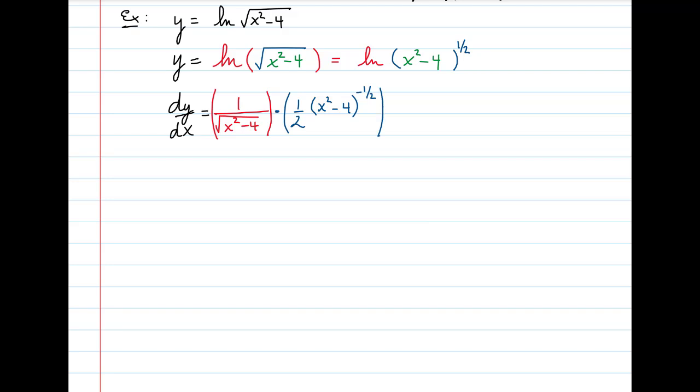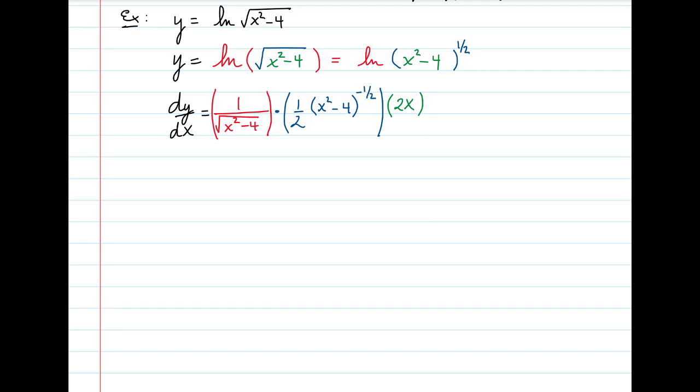That's our second one. And we don't stop there because we still have a function within that function, namely x squared minus 4. So we need to multiply by the derivative of that inner function, which is 2x, since the derivative of x squared is 2x and the derivative of negative 4 is 0.